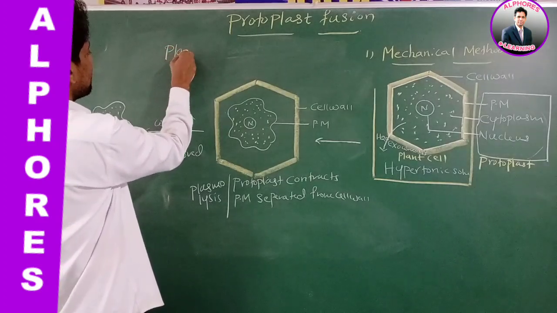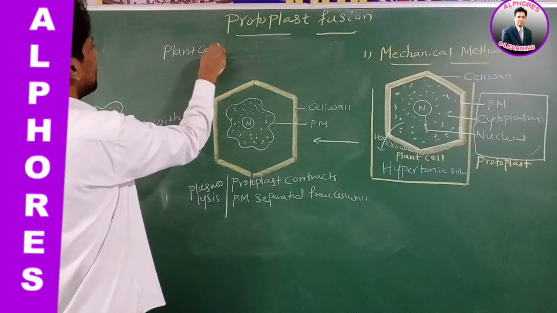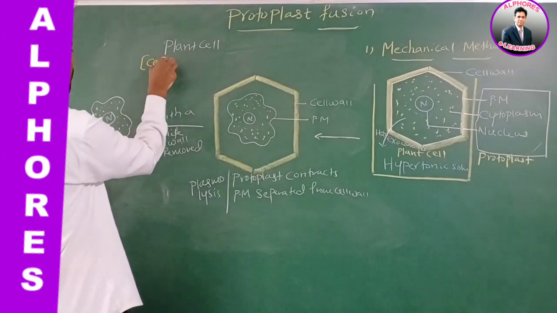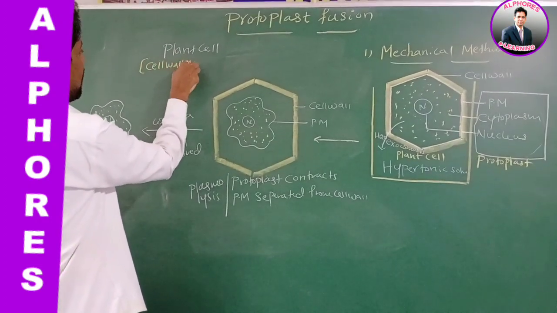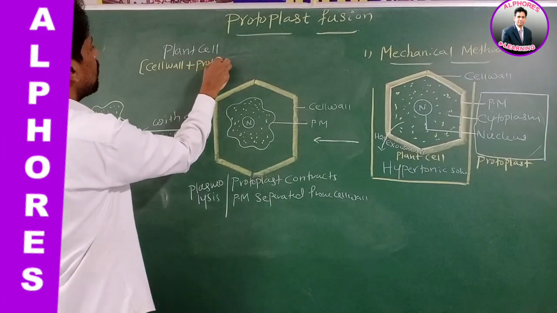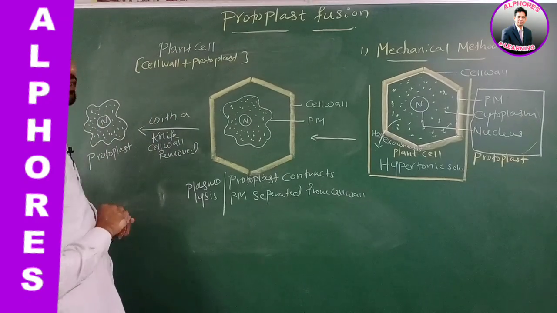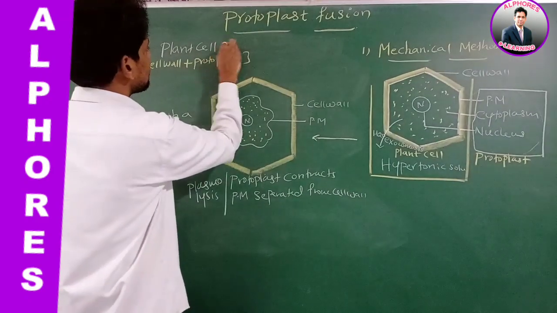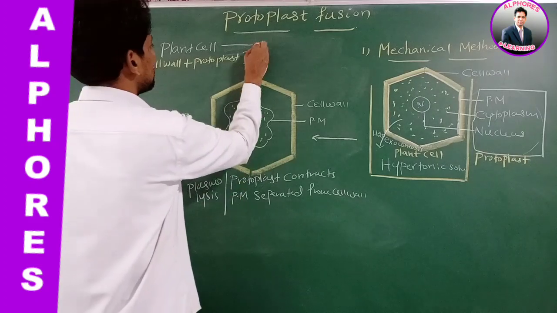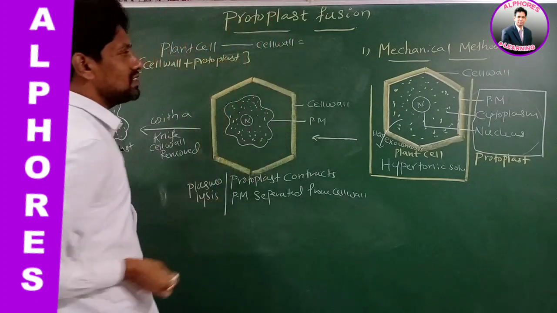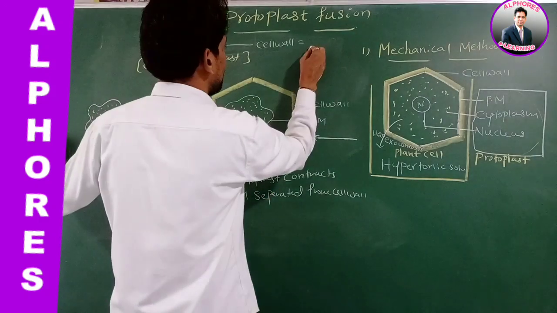Sir, take a plant cell. Plant cell means having how many parts? A plant cell is with two parts. What and what, sir? Cell wall and protoplast. Now, from this plant cell, what did we remove, sir? Cell wall. From plant cell, if cell wall is removed, what is left?